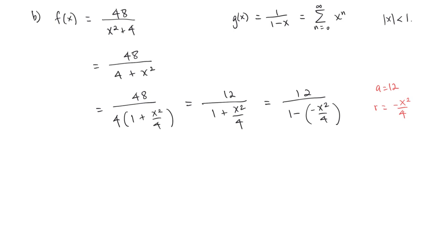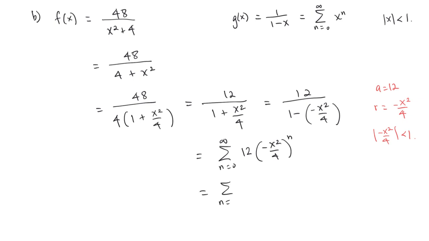And obviously assuming that the absolute value of negative x squared over 4 is less than 1. Then we can write this as the sum of n going from 0 to infinity, 12 times negative x squared over 4 to the n. This is the geometric series a r to the n, where a is 12 and r is negative x squared over 4.